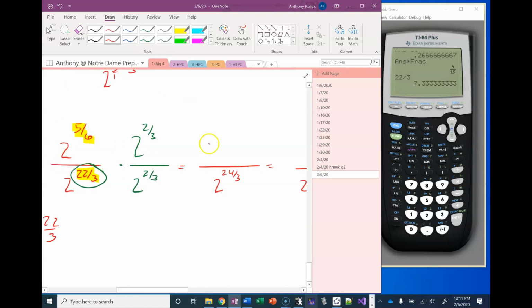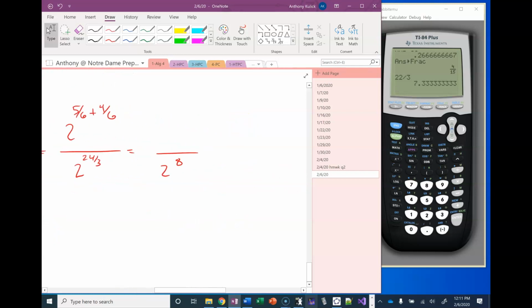All right. I still have to do this, though, so I have 5/6 plus 2/3. I'm going to rewrite 2/3 as 4/6, though, so I have a common denominator. That's going to give me 2 to the 9/6, which is the same thing as 2 to the 3/2 when I reduce. Okay.